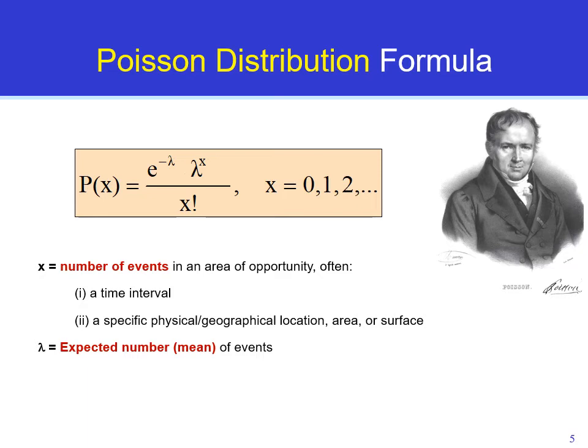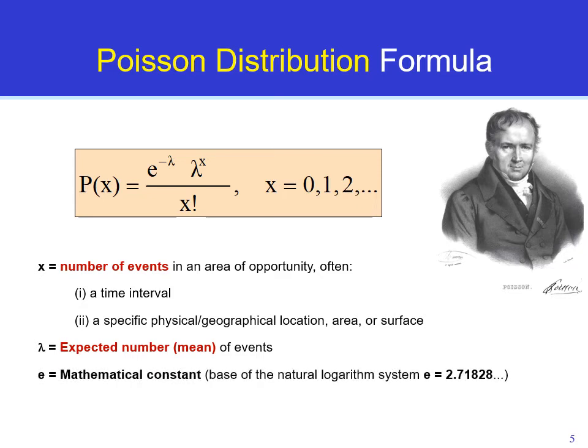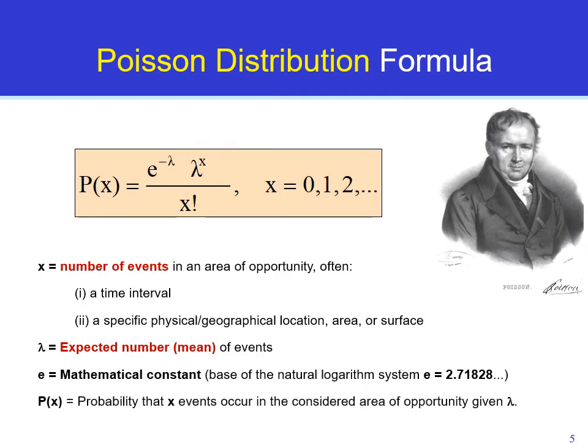It's a parameter related to Poisson distribution that we're going to learn about more later on. e is the mathematical constant based on the natural logarithm, which is approximately 2.71828, and so on. So e is the natural number, also called the Neperian number. P of x is the probability of having x successes in the given area of opportunity, given that the expected number of successes is lambda.